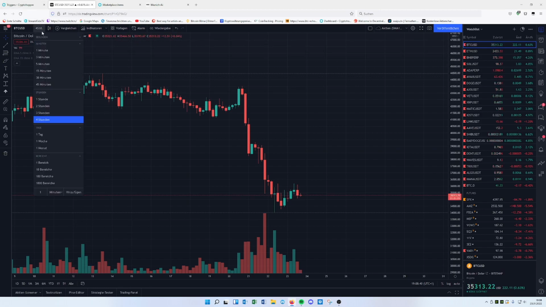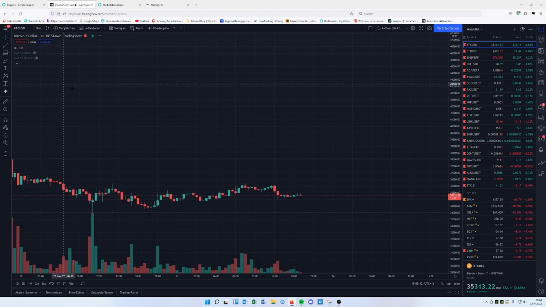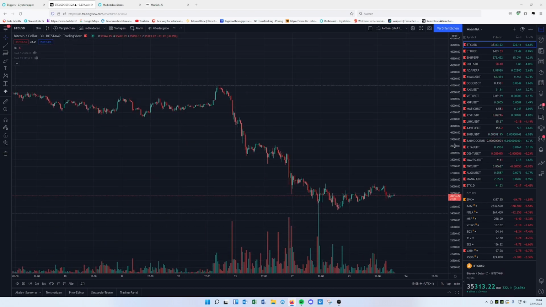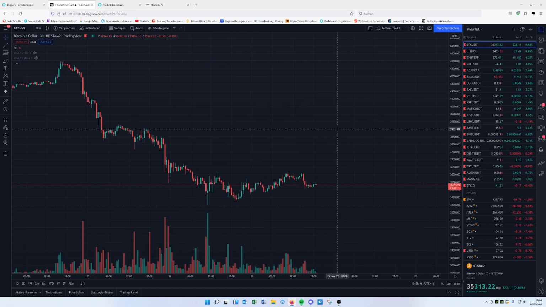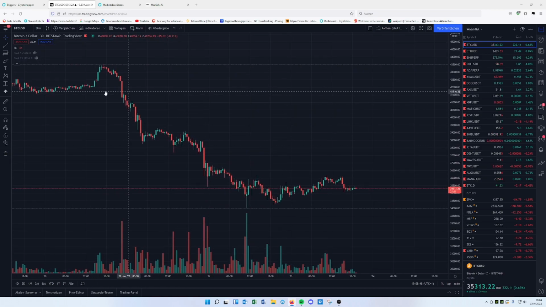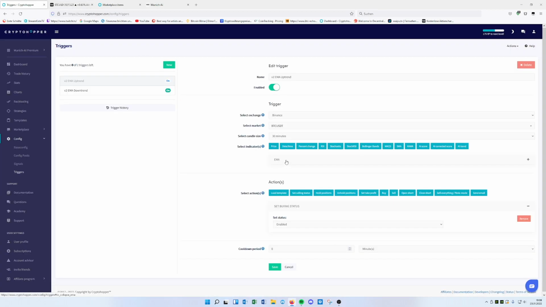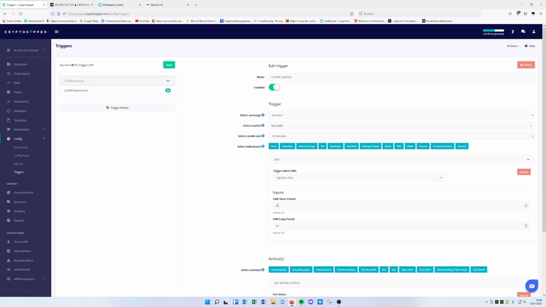So this is done on a smaller time frame, on 30 minutes. We are going a bit more inside the chart from 4 hours to 30 minutes, and we activate EMA, the exponential moving averages.